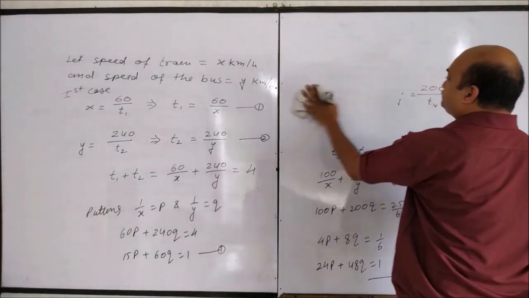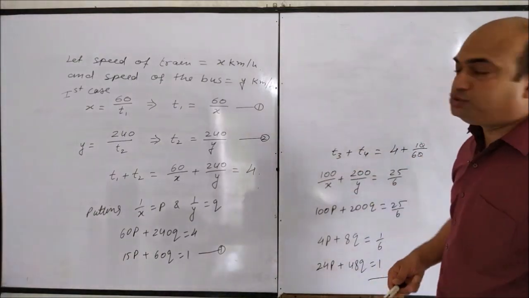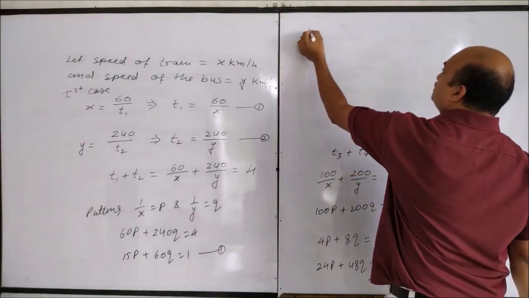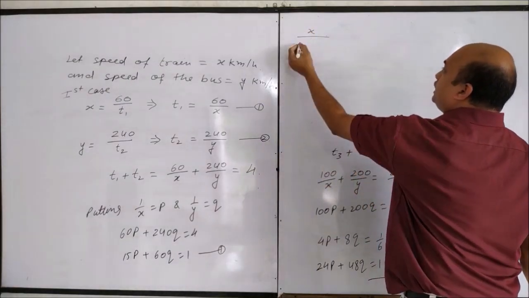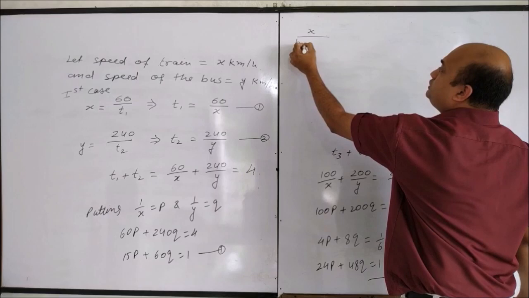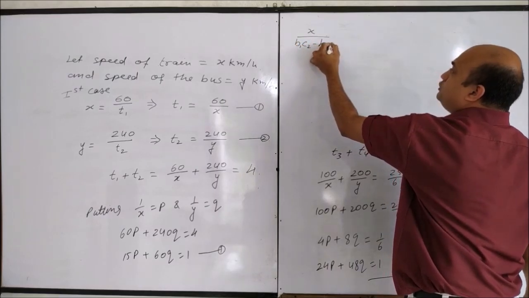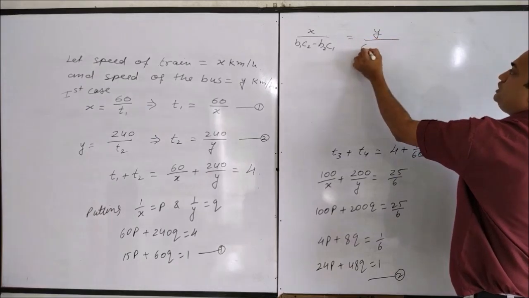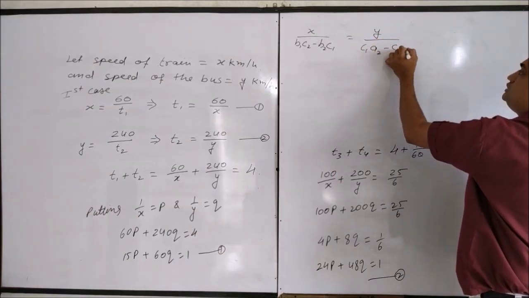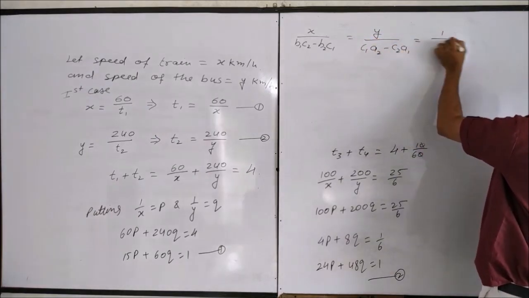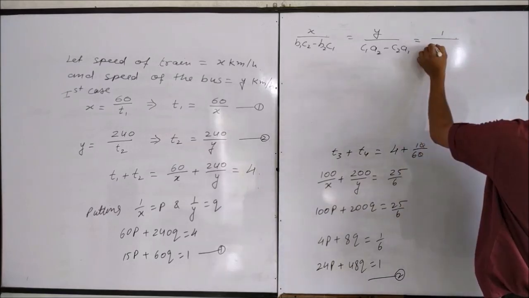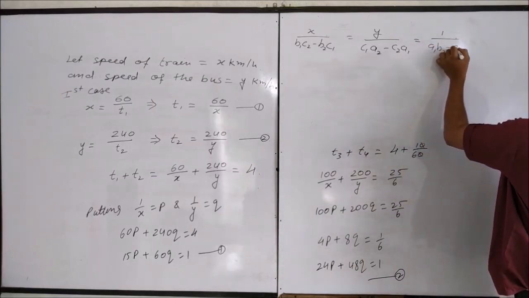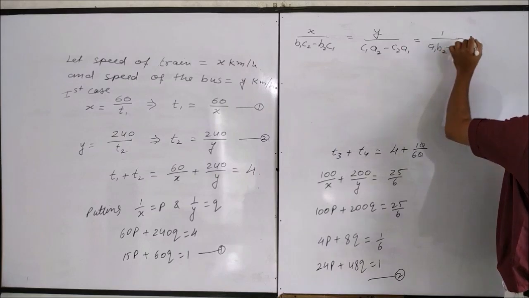You see, if we want to use the cross multiplication method, we apply the formula x upon b1c2 minus b2c1 is equal to y upon c1a2 minus c2a1 is equal to 1 upon a1b2 minus a2b1.